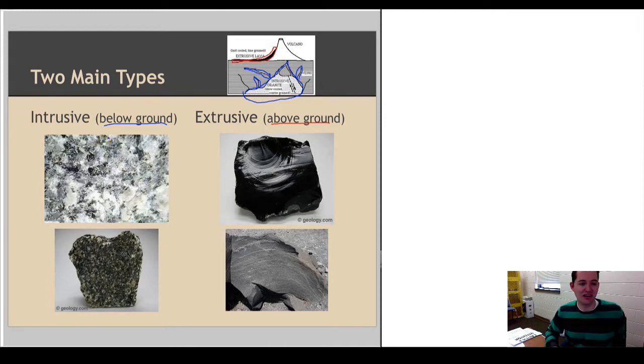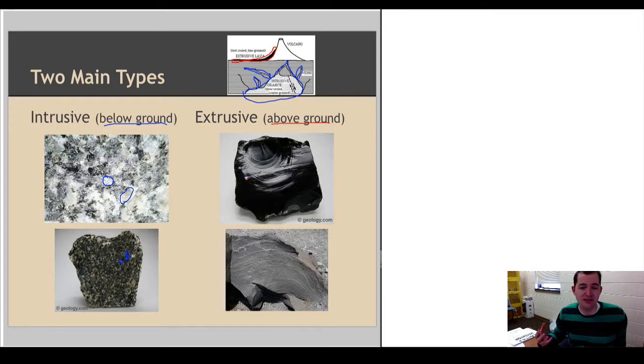So again, our intrusive, we've got large crystals, and we consider them large if we can really identify them with our eyes. And if we can see these different colors, they can be various different shapes, but basically if we can see them with our naked eye, we consider them to be large crystals or coarse grained.